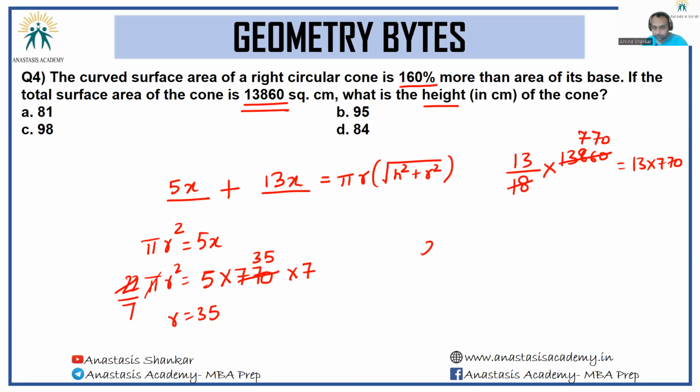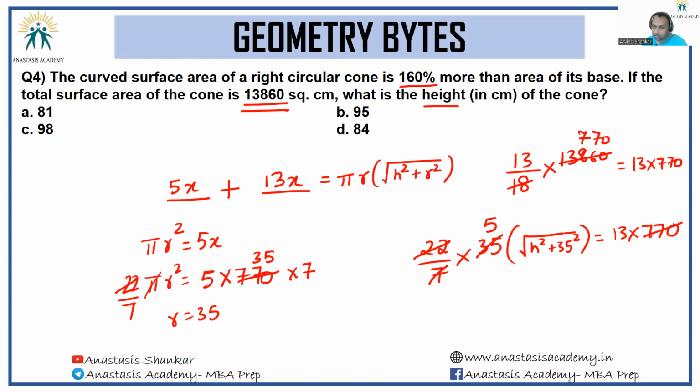So now 22 by 7 into 35 into under root h square plus 35 square is equal to 13 into 770. This much I have got. Okay, how much can I cancel off? This goes with this 5 times.